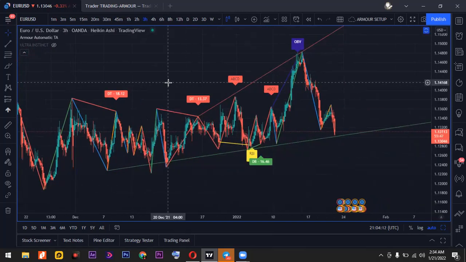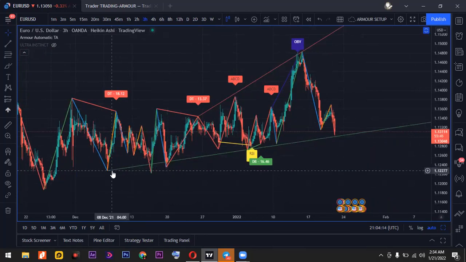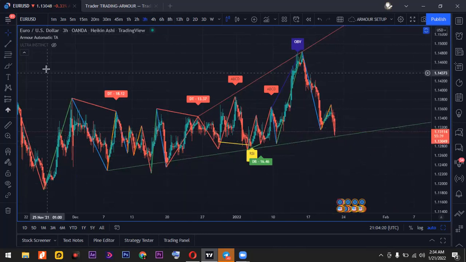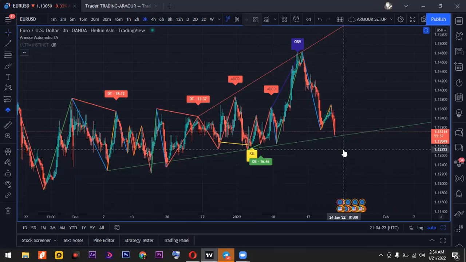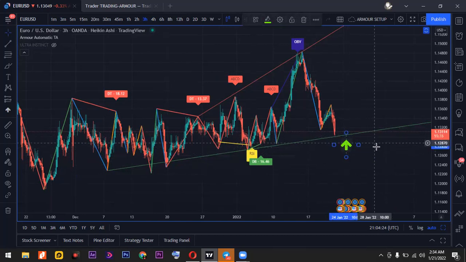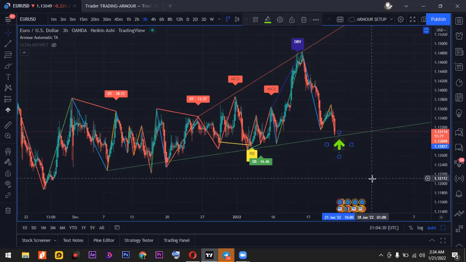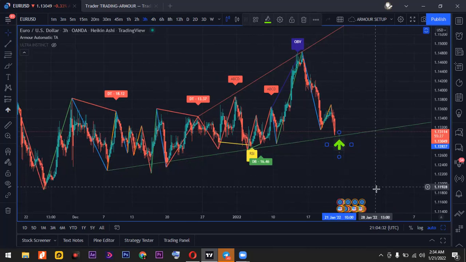Look, so this is some sort of support, as we can see on 3 hours. This is holding the support. If this support is broken, then imagine the kind of drop, and how many pips we can make. This will be a massive drop.